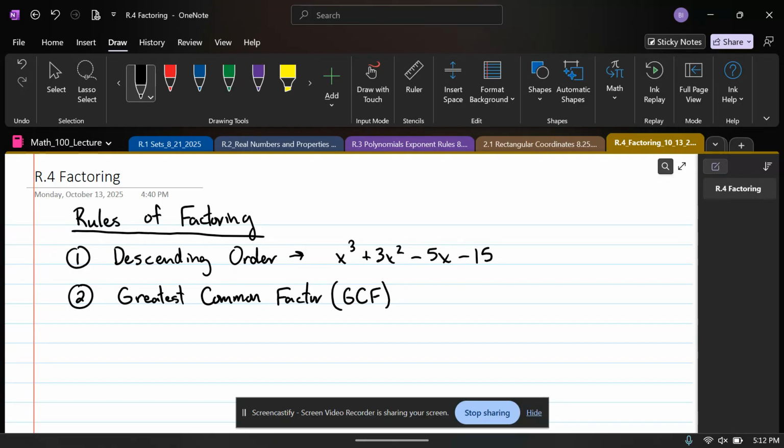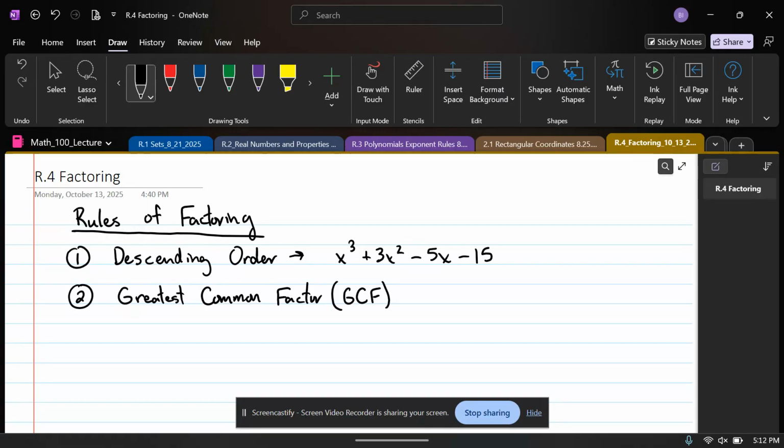That doesn't mean every problem has one, but that's always what you look for first, is the greatest common factor. You may have heard it called the greatest common divisor. It's the same thing. So if you Google factoring and you see somebody calling it a GCD instead of GCF, it's the same thing. Greatest common factor, greatest common divisor, they are the same thing.